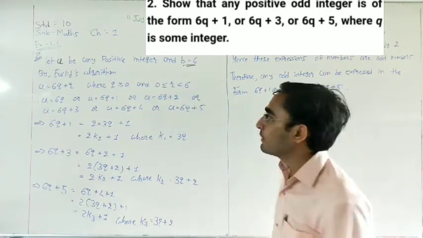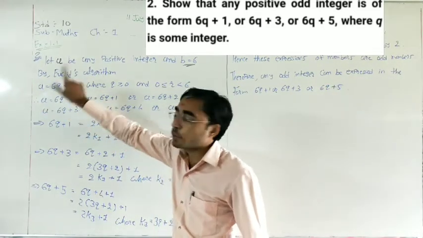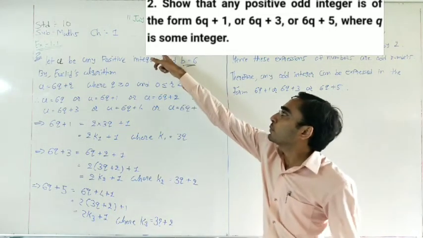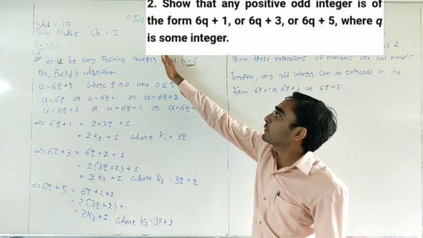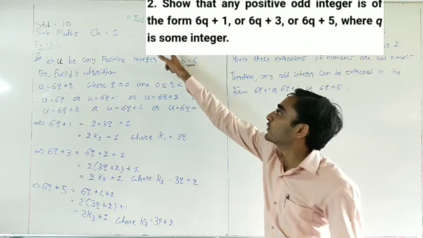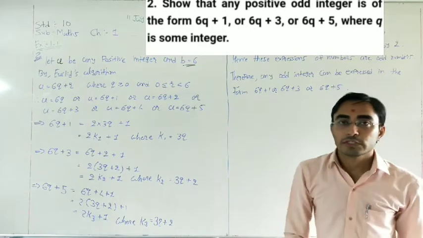So by Euclid's division algorithm, you can write a is equal to 6q plus r. Why? Because the formula is a is equal to bq plus r. Here b is equal to 6, so put 6 here. So a is equal to 6q plus r.